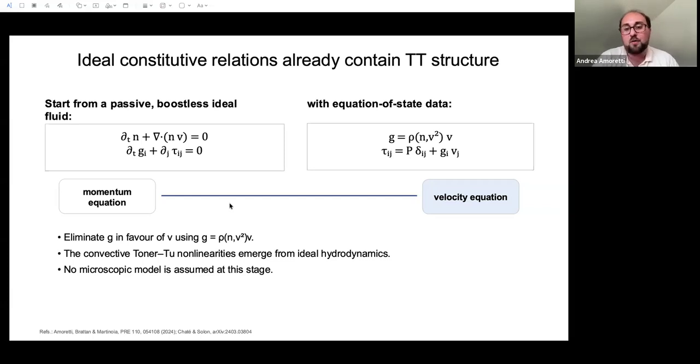So basically, all the coefficients that come from ideal hydrodynamics are just described in terms of thermodynamic derivatives of your equilibrium function, okay? And at the moment, no microscopic model is assumed at this stage. So I don't have any intuition about the microscopic origin of my system. Okay.